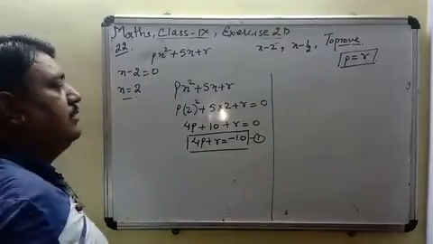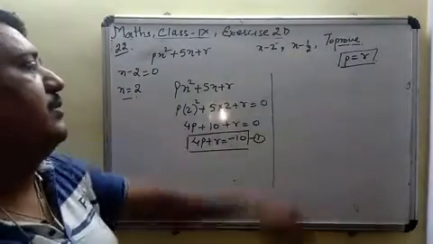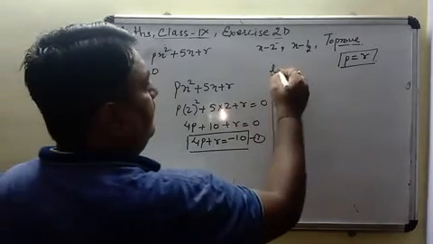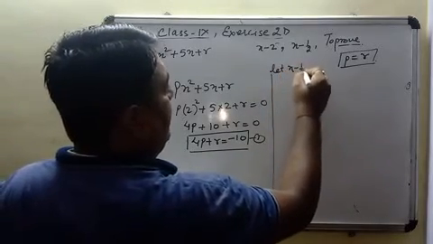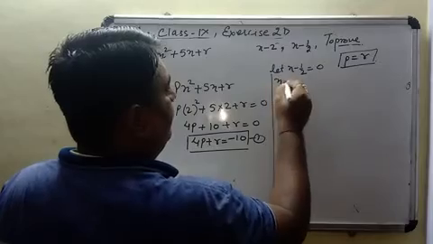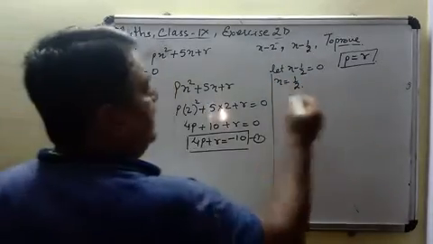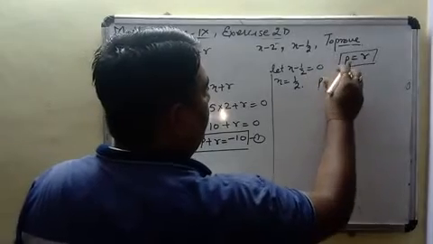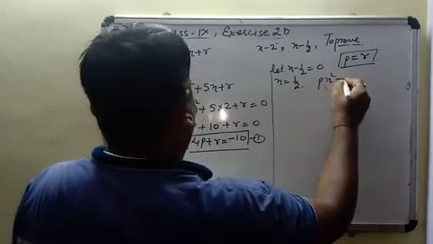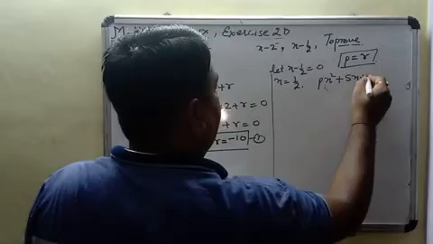Again we are going to do the same thing with x equals 1 by 2. Let x minus half become 0, therefore x equals 1 by 2. So the polynomial is px square plus 5x plus r.